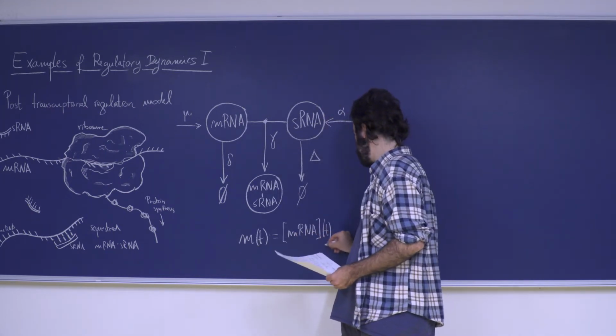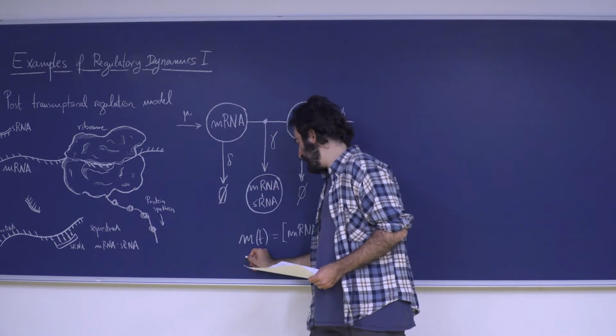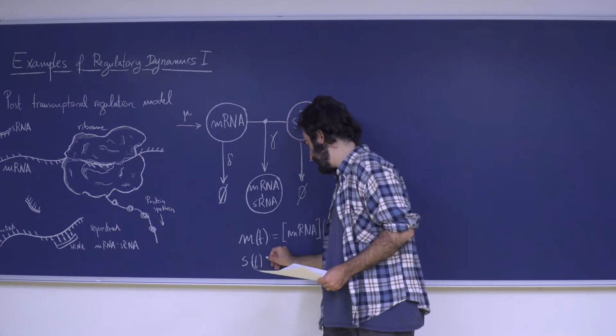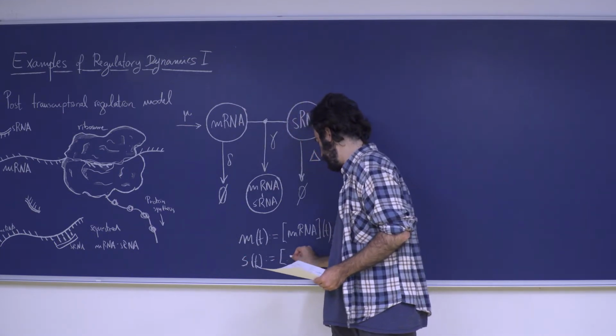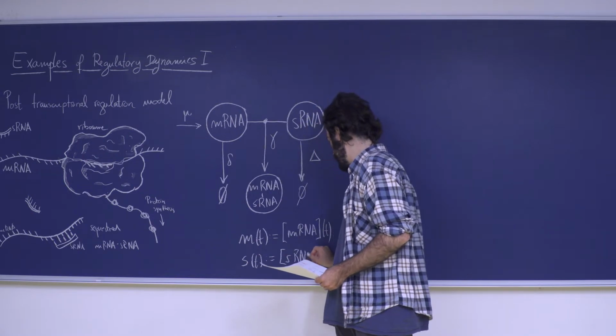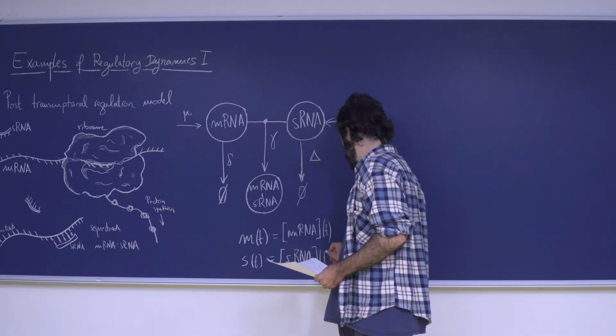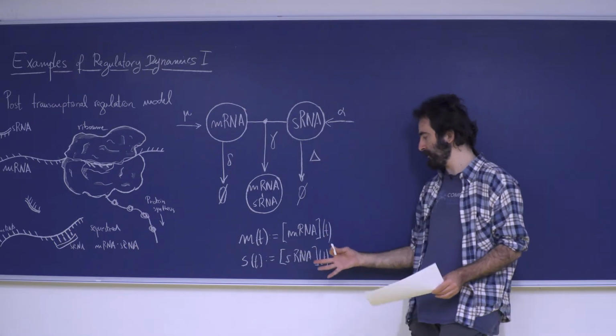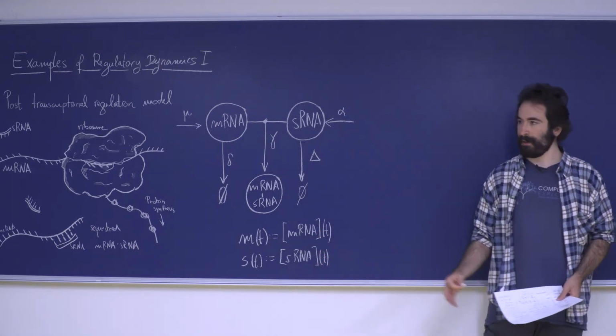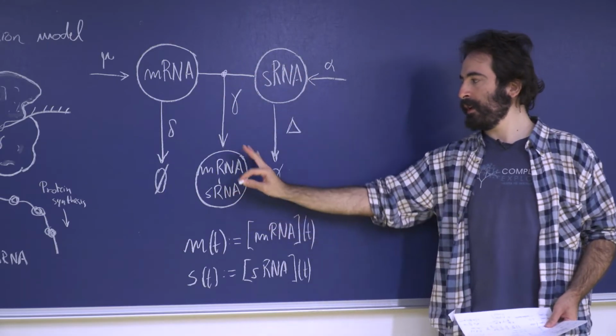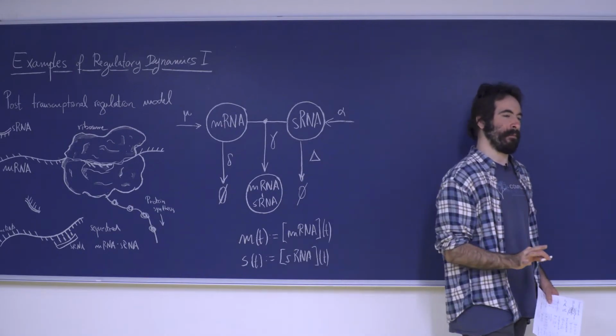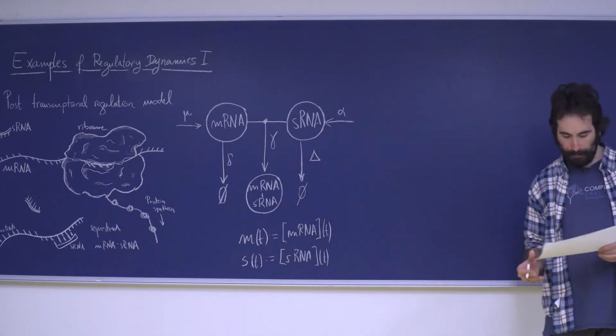And S of t is going to be the concentration of sRNA over time. Notice that both these concentrations are free mRNA over time, free sRNA over time. As soon as they get locked in, we actually do not care about them anymore, okay? Great.